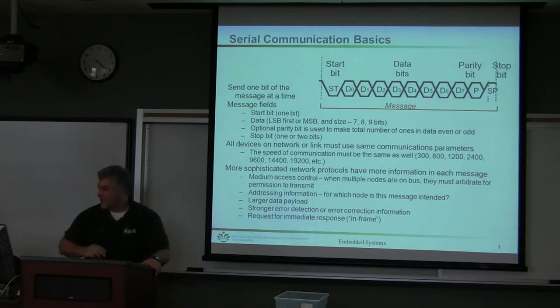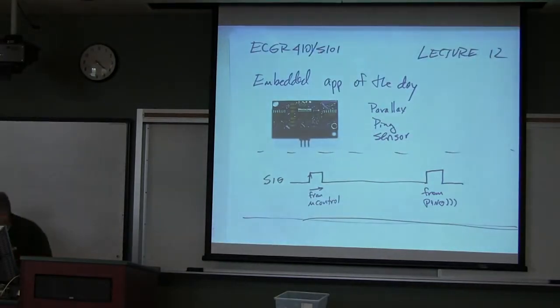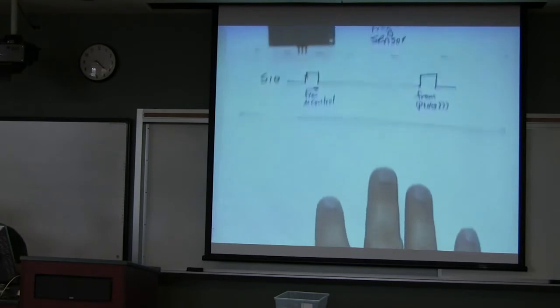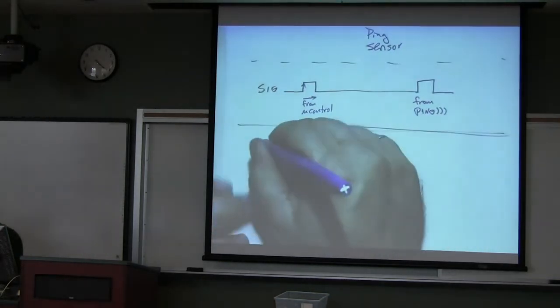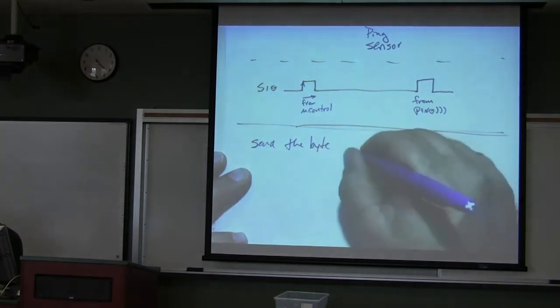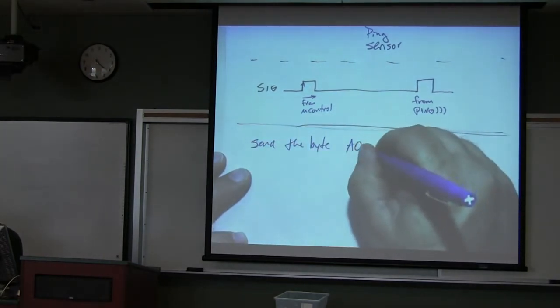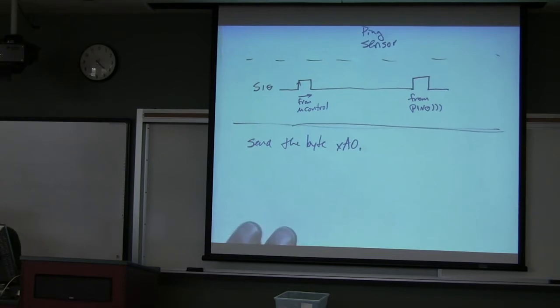So let's take a look at an example. Let's say that I'm going to send from one place to another the byte A0. That's hex. And according to my protocol, I'm going to send the most significant bit first.